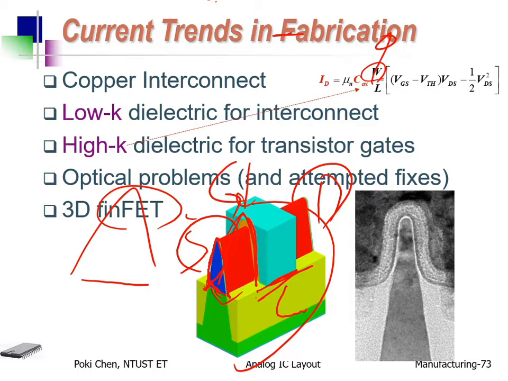But the main target is still to increase the conduction current. It means that humankind has already used all the ways to reduce the length, so we cannot go further.